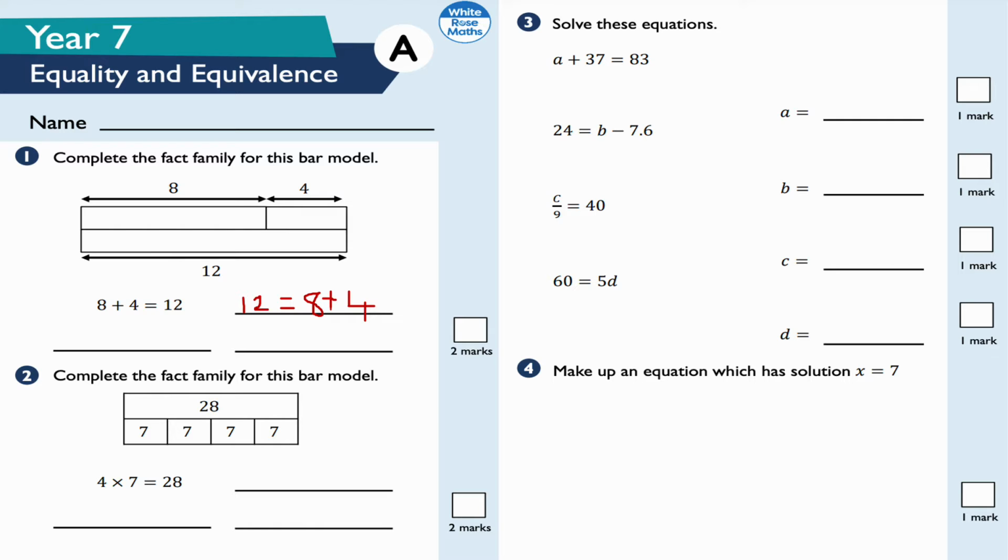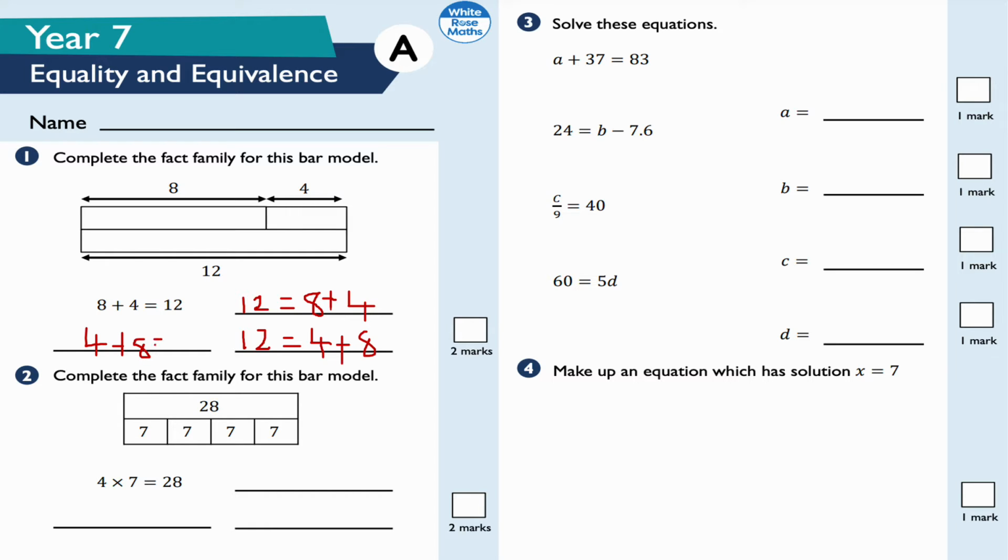I could also say on this one that 12 is equal to 4 plus 8. And for this one I can say that 4 plus 8 is equal to 12.